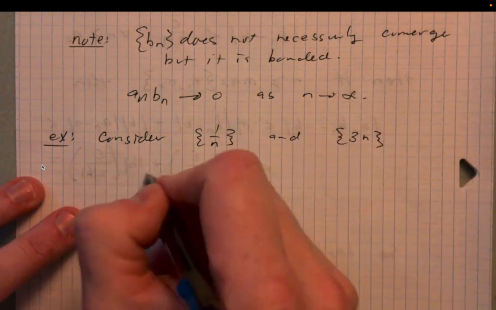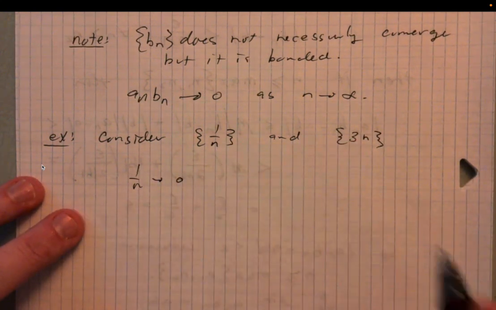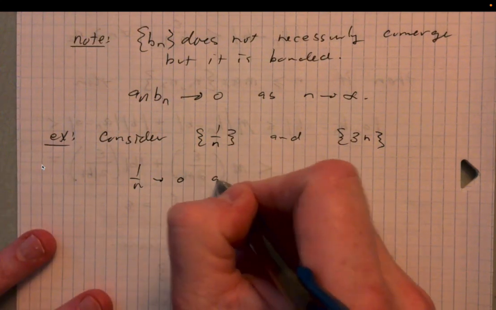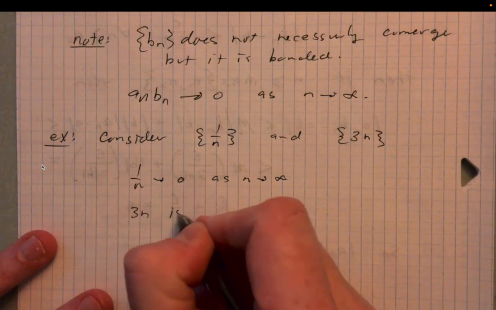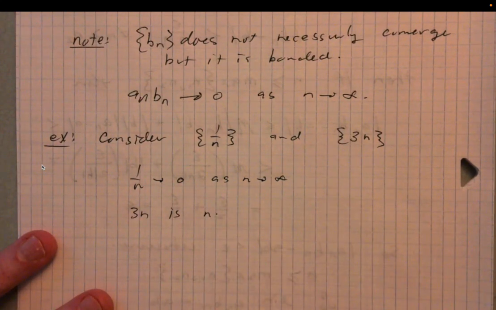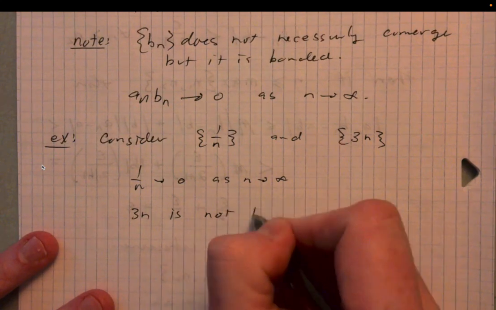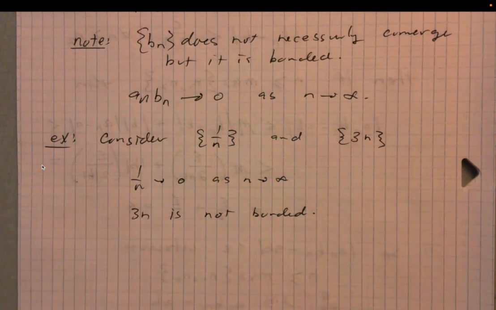Now we know that 1 over n goes to 0 as n goes to infinity. But we also know that 3n does not converge and is not bounded. 3n grows as n grows, so the limit here is definitely not 0 when we multiply the terms, as you can plainly imagine.